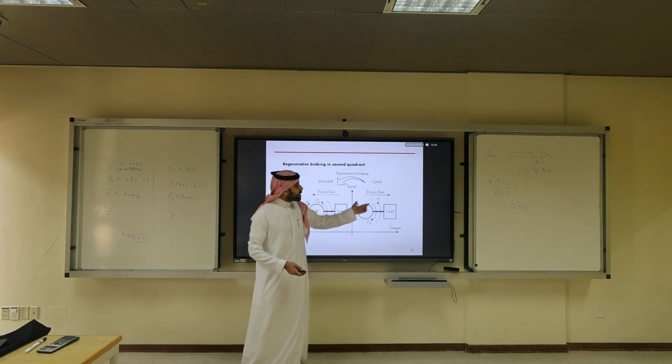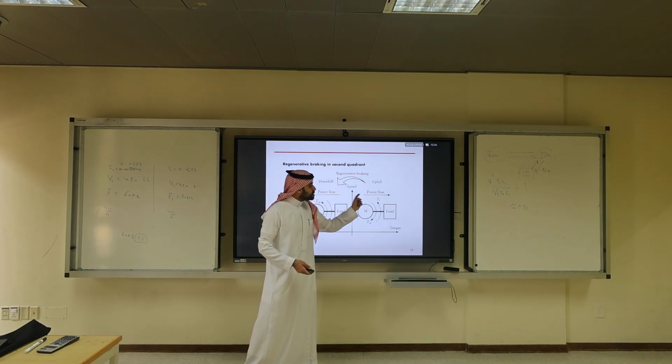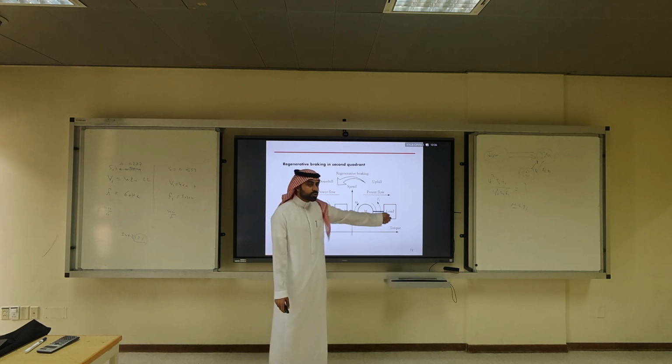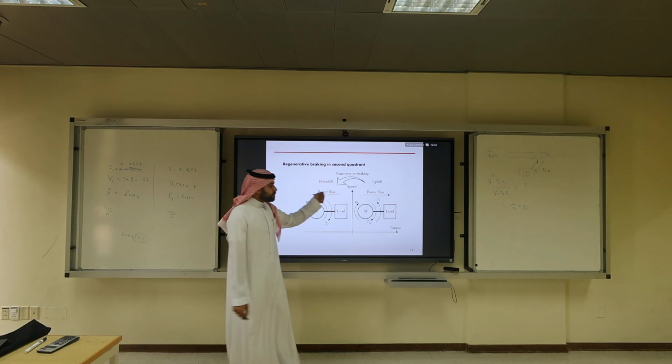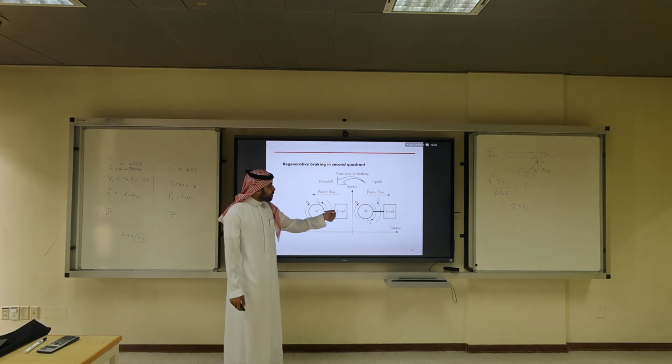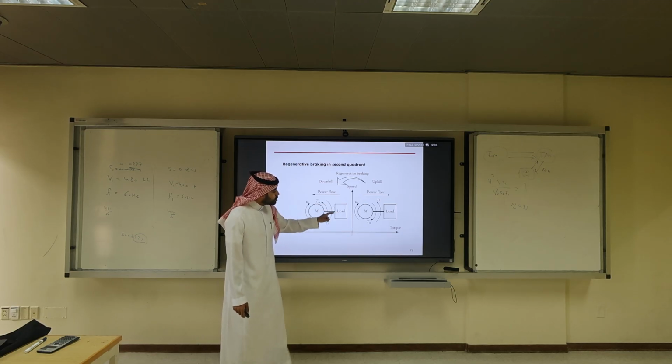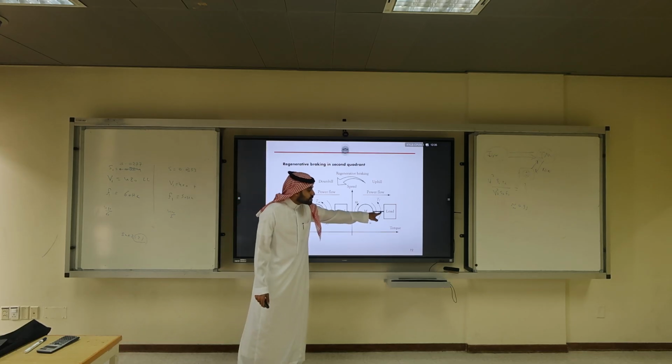At this side, going uphill, the power flow is positive, so we're sending the power from the motor to the load. For downhill, we're sending the power from what? The load to the motor, because this load, TL, changes its direction. One time it's negative, one time it's positive.